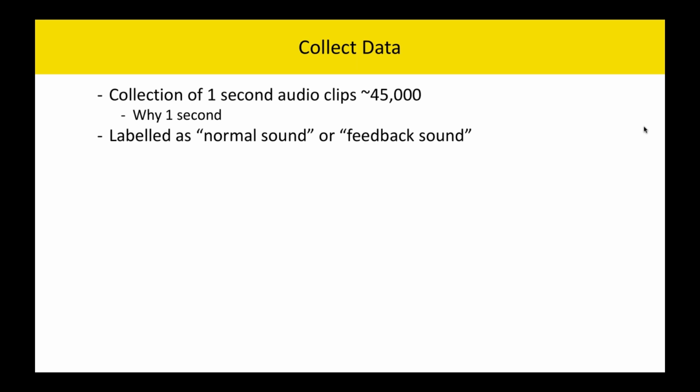And the one thing I want to mention here is that we really don't have that many feedback and echo sounds. It's a limited resource. So we got a little bit creative here. We created about 1,000 or so, but that's not enough in terms of the data set. So one of the things we did is augmented data.